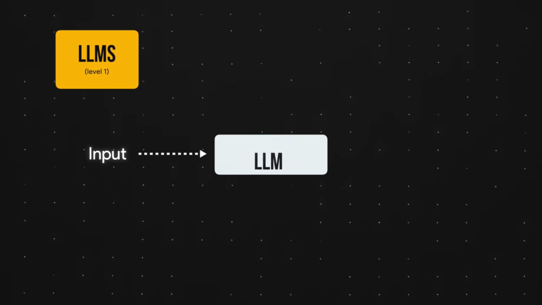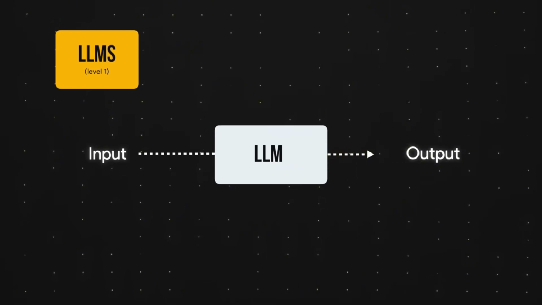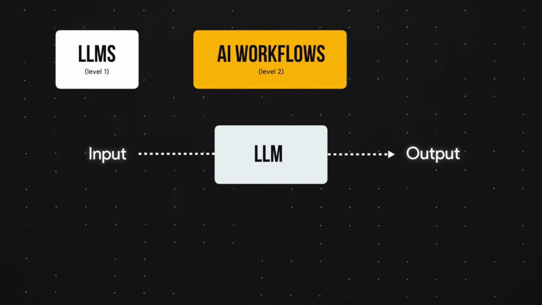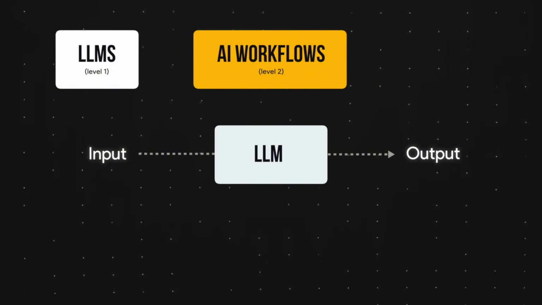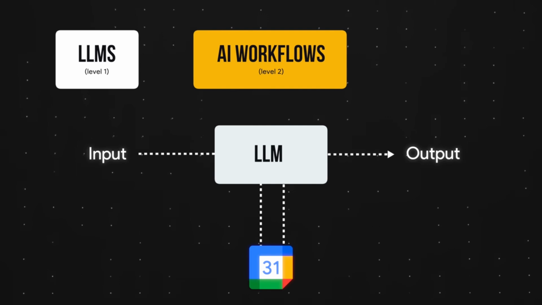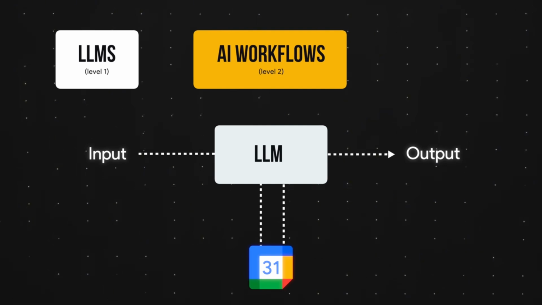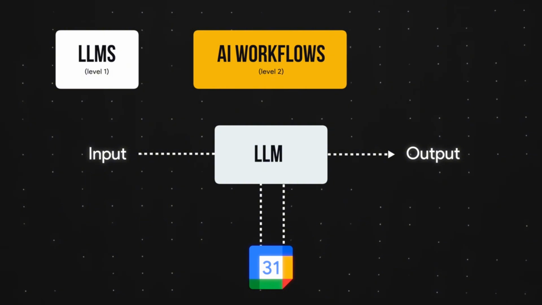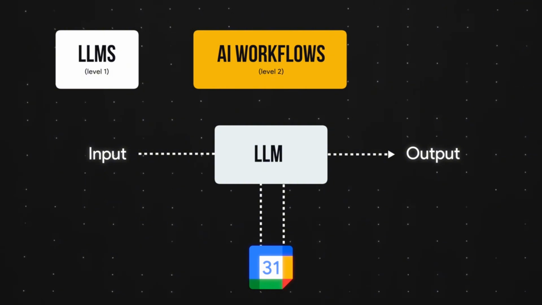To wrap up here, here's a simple visualization of the three levels we covered today. Level 1, we provide an input and the LLM responds with an output. Easy. Level 2, for AI workflows, we provide an input and tell the LLM to follow a predefined path that may involve retrieving information from external tools. The key trait here is that the human programs a path for the LLM to follow.